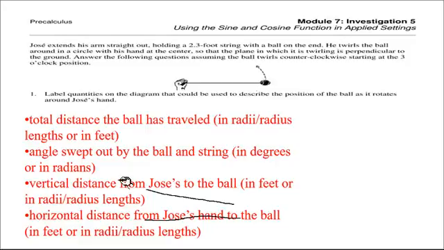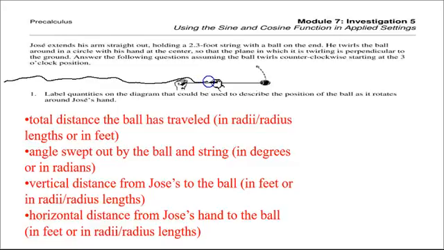They could have improved the wording by saying the vertical distance from the horizontal line described by the position of Jose's hand. This vertical distance from the horizontal diameter, we know, is the sine function. We've defined it as a sine function.